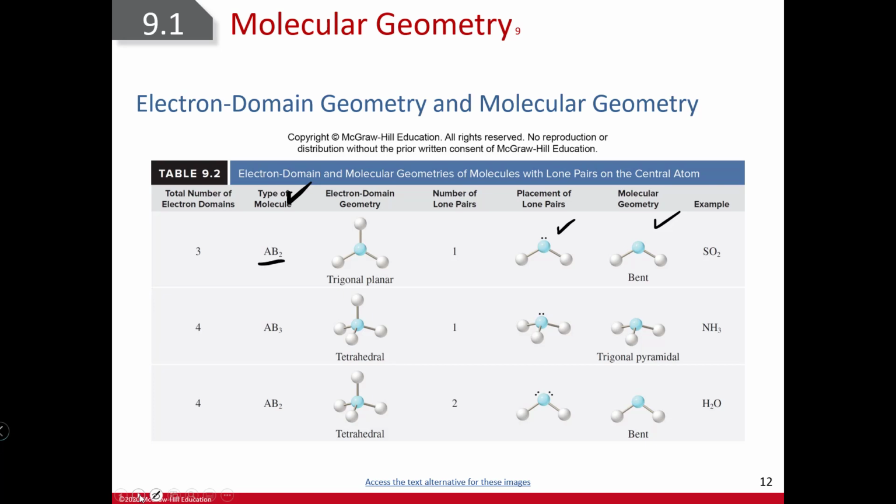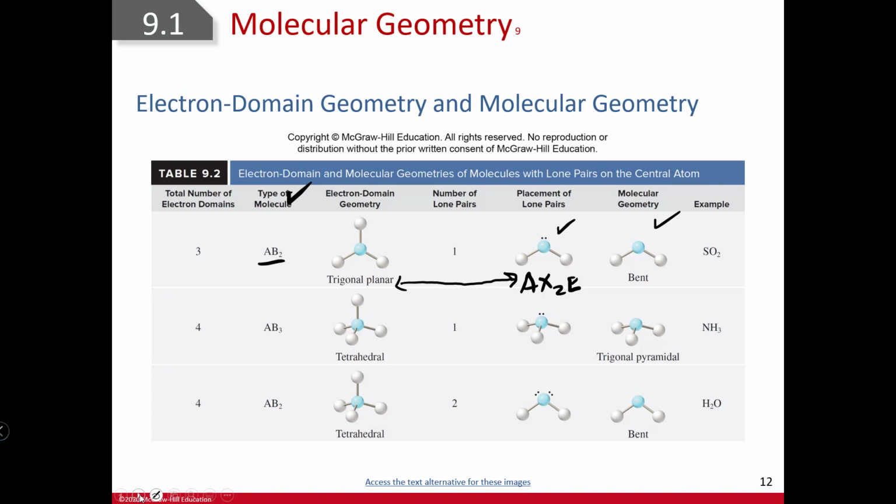They say the type of molecule is AB2, but they're not taking into account the non-bonding pairs. So when we look at this, I would call this AX2E. There's a total of three things coming off of it. So the electron domain geometry, because there's three things coming off of it, is trigonal planar.